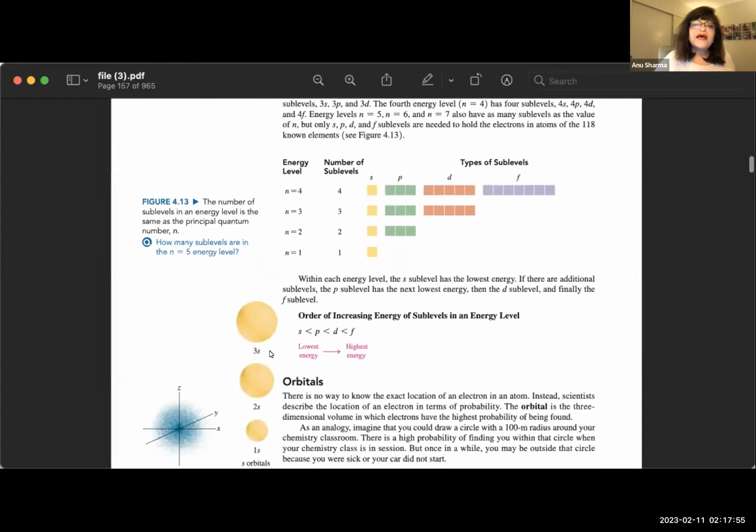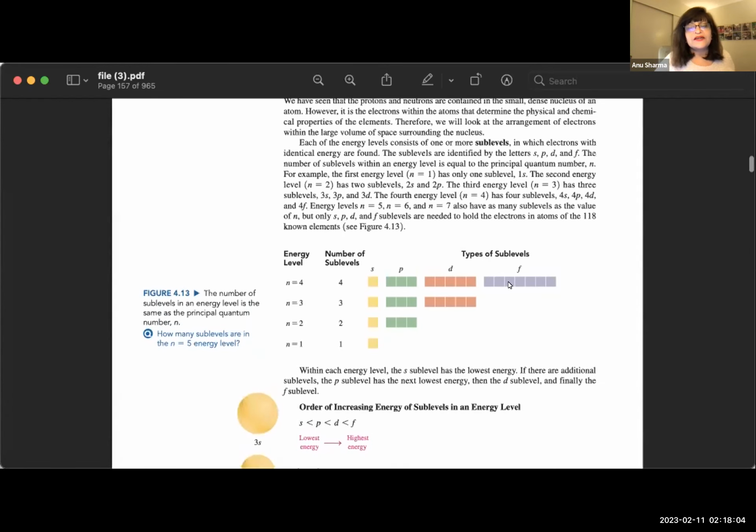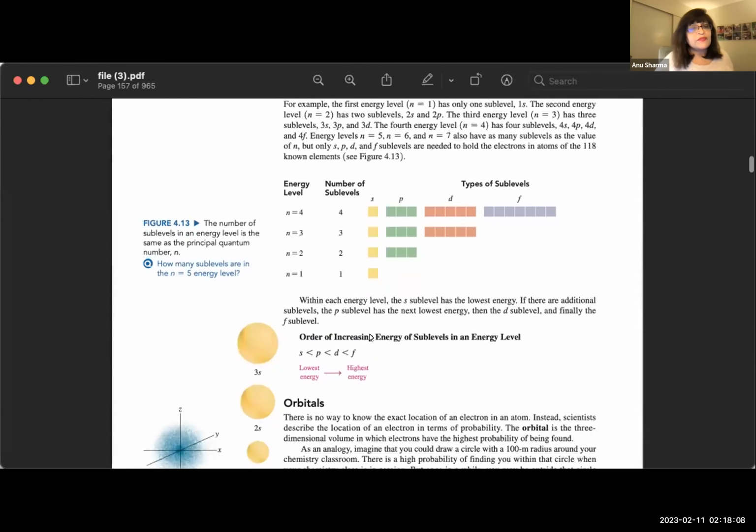So with that said, for s, p, d, and f, s is very small and has the lowest energy, and f has the highest number of orbitals and also the highest energy. So the energy increases from s, p, d, to f.